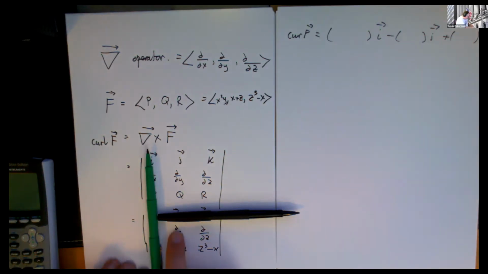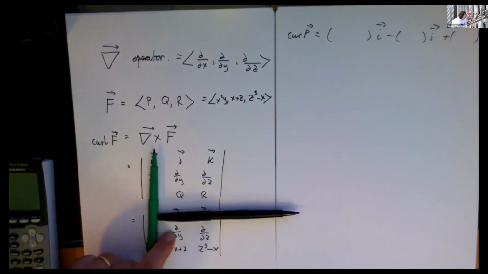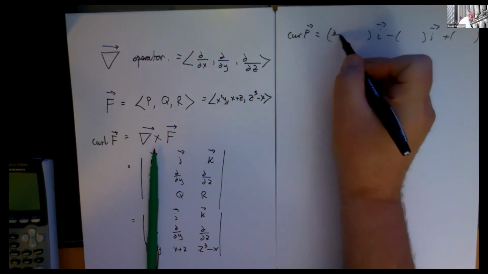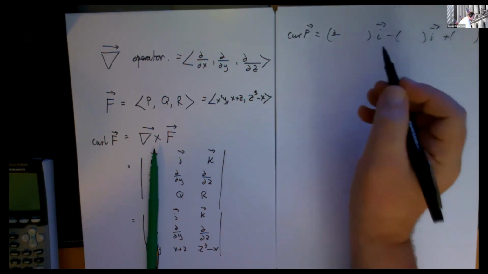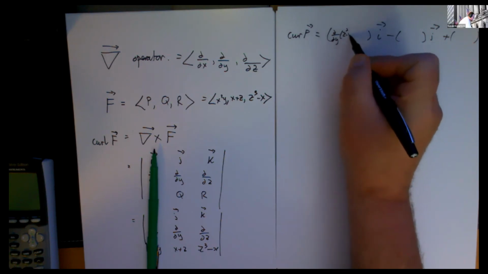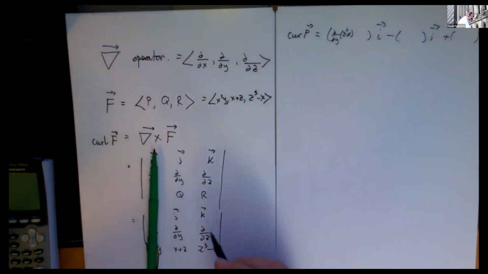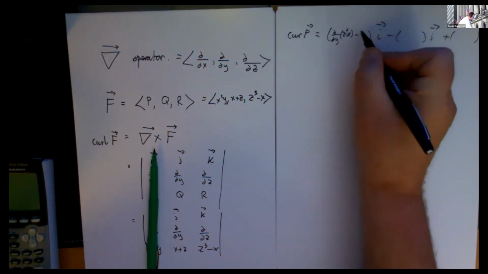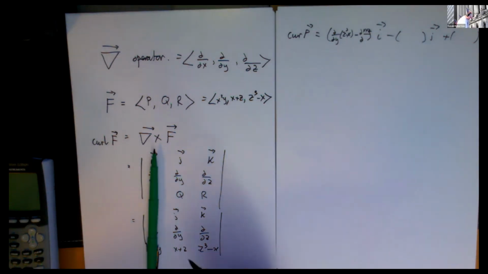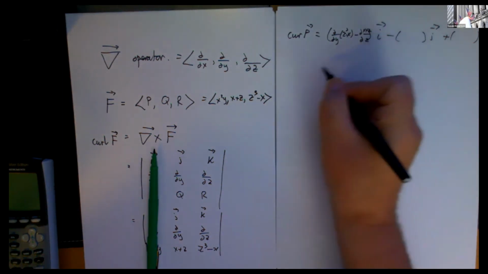When you put these together, aren't you finding the partial derivative with respect to y of z cubed minus x, subtract the partial derivative with respect to z of x plus z?